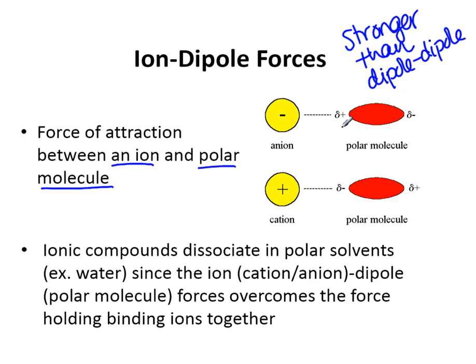And remember, the polarity comes from the dipole itself, only partial positive and partial negative charges. So not full charges are present, just partial. If you have an ion present, you actually have full positive and negative charges present. So you've got a bigger force of attraction because you actually have full charges involved with the ions being present.